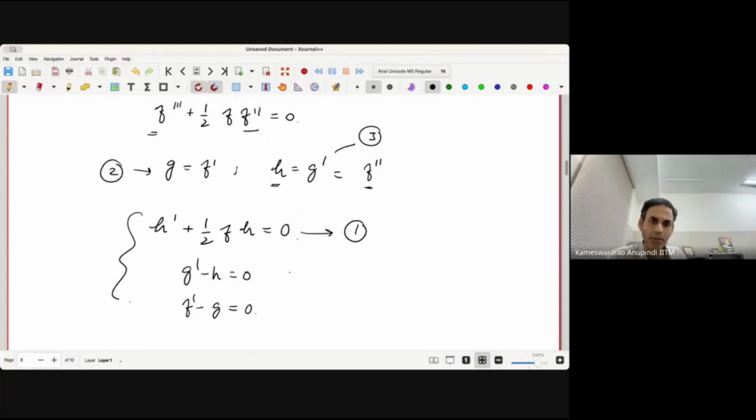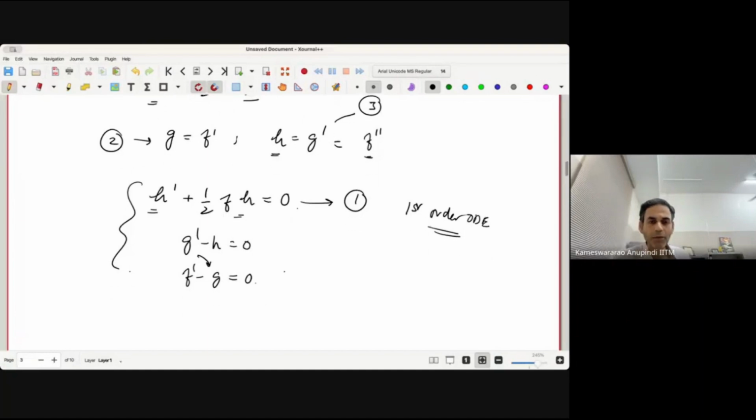Each of them, as you can see, is a first order ODE. The only thing is that now they are coupled, because this h value needs to be used here, and the g value needs to be used here. But of course, we can solve them together as we proceed in the positive x direction, or positive y direction, or positive eta direction.